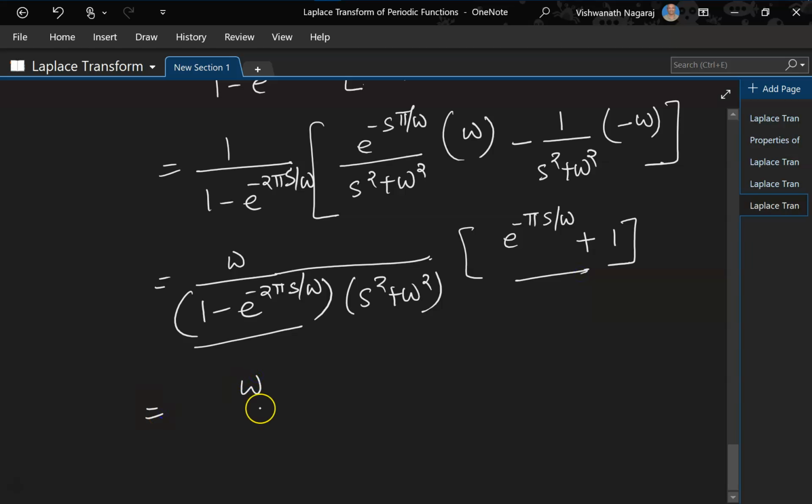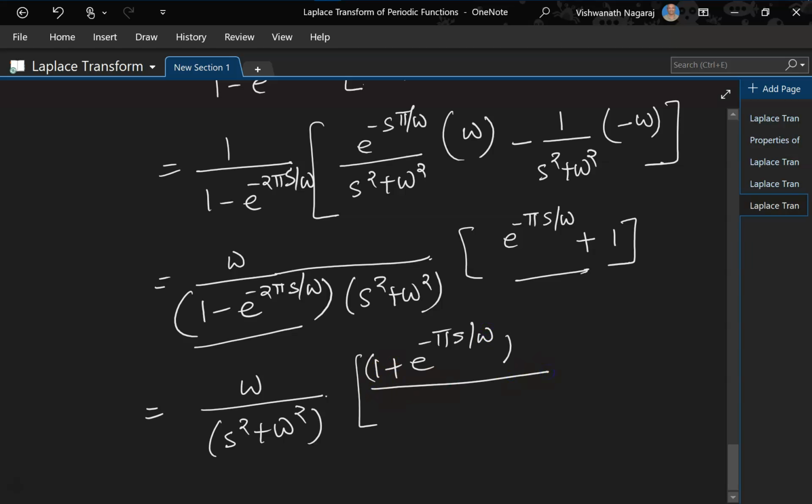Now somehow we should be able to simplify this. So omega by s square plus omega square times e to the power of minus pi s by omega plus 1. Here it is 1 minus, but it is 2 pi. Here it is minus pi s by omega, and here it is 2 pi s by omega. So we can split this into 1 minus e to the power of minus pi s by omega times 1 plus e to the power of minus pi s by omega.